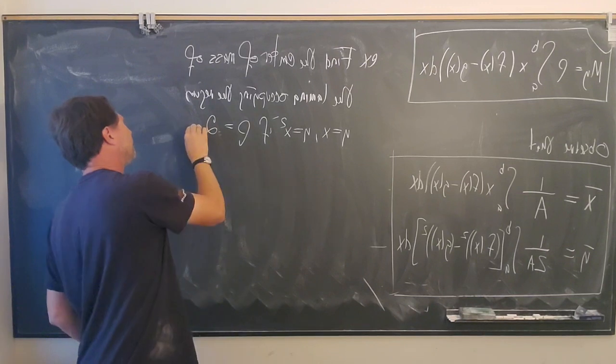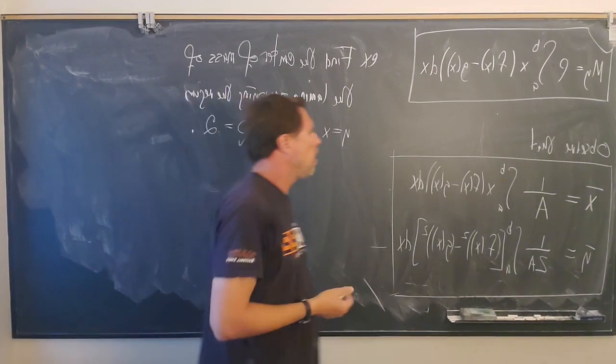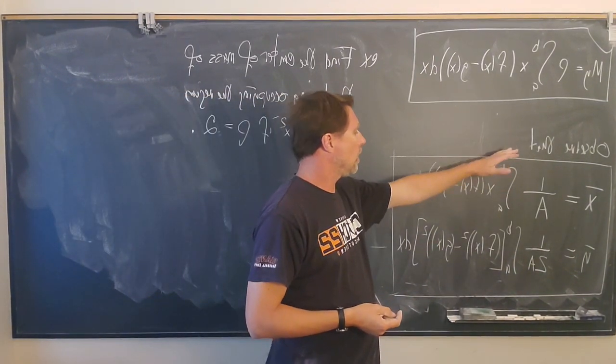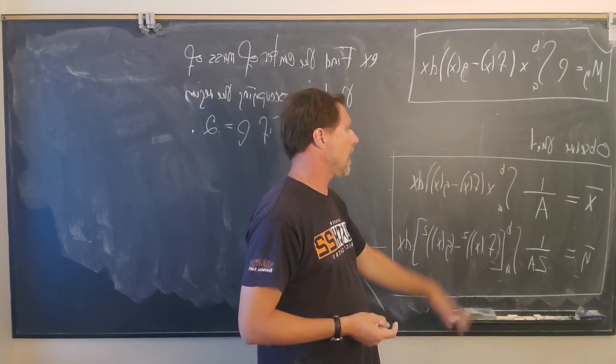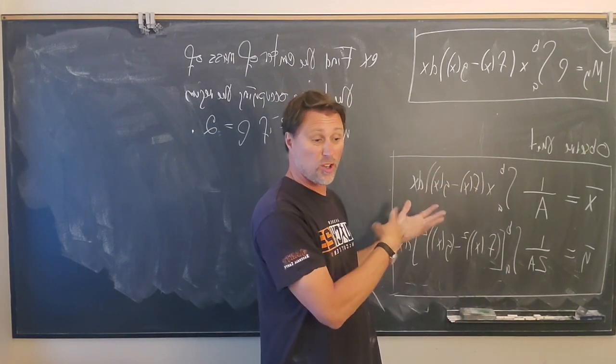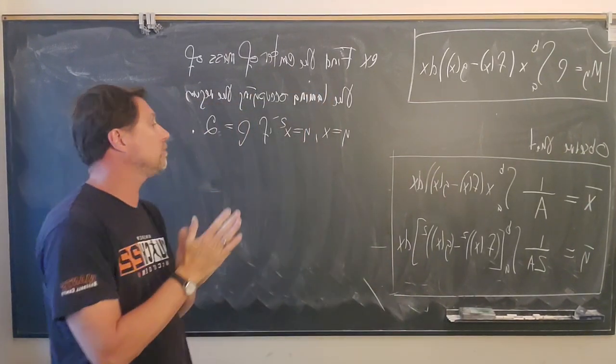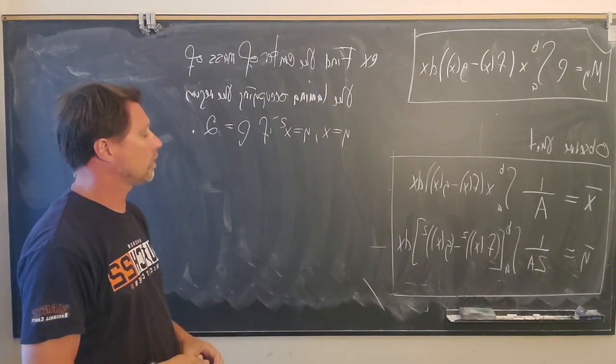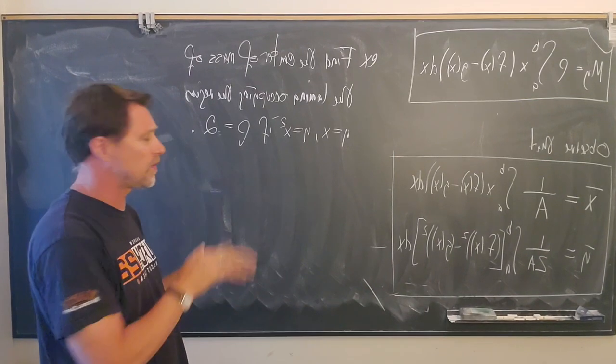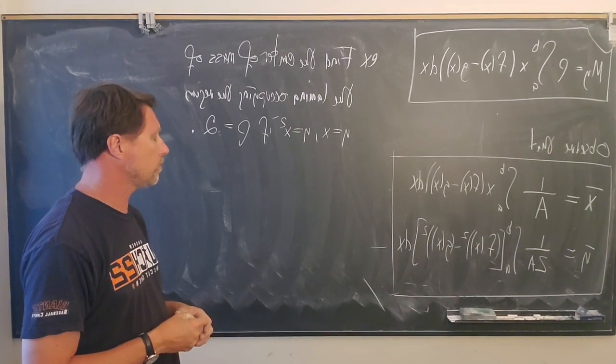Now notice, this is kind of weird. The center of mass and the centroid, first of all, are used interchangeably. Think of centroid as a geometric thing, and center of mass as a physical quantity.